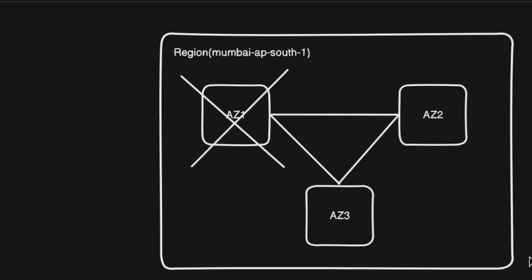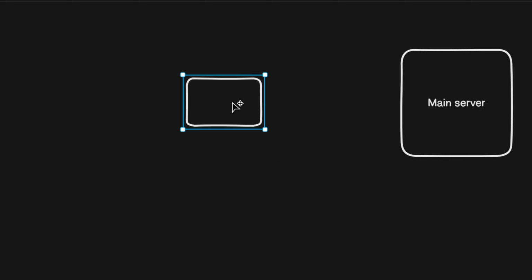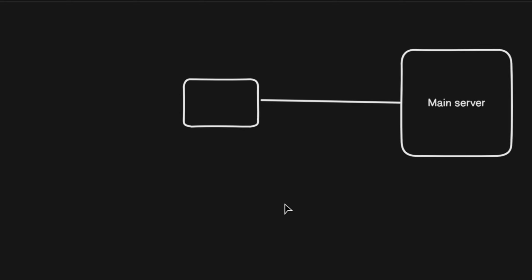And if you go further, as I told, cache edge location. Assume you have the main server here, and from here you have an edge location. Both are interconnected with each other like this. This is kind of a content delivery.